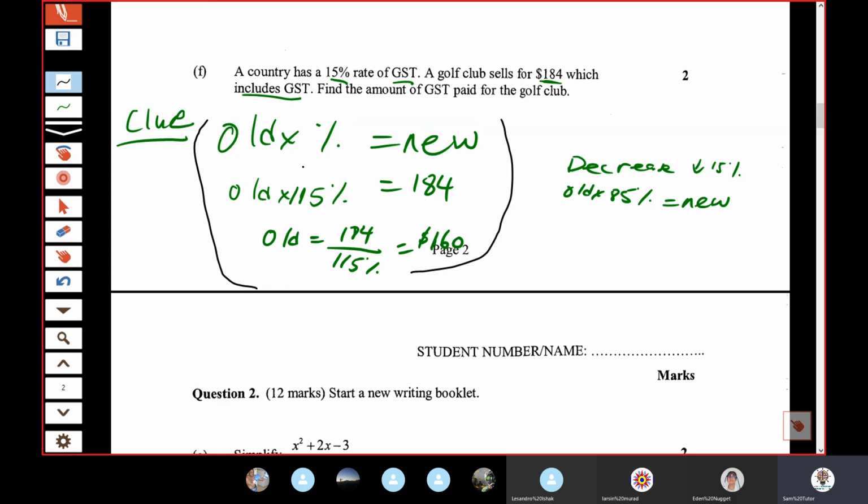I would have done times 0.15, and then add it on top. Yeah. That method works only if you're going that way. If you're going from the old price, $10, you want to find the new, so you're adding the 100%, which is the original price, on top of the 15%.